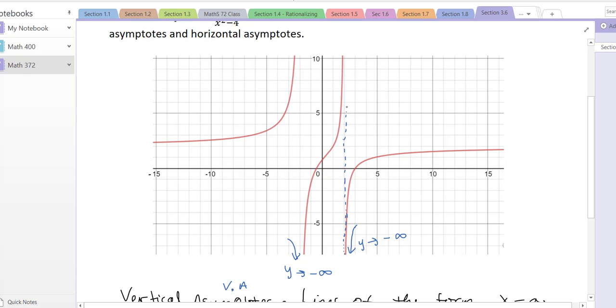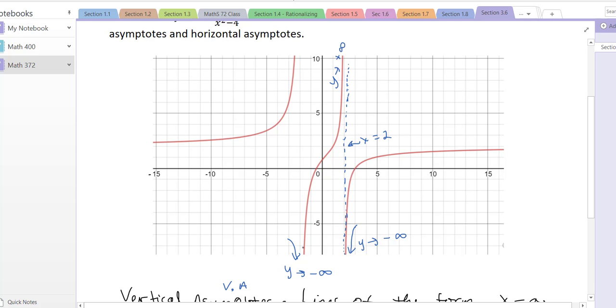And notice also that on the left side of it, y is approaching positive infinity. So this is definitely an asymptote. What value is that? If that's 5, then it's 4, 3, 2, 1, 0. So this looks like the vertical line x equals 2. So x equals 2 appears to be a vertical asymptote.